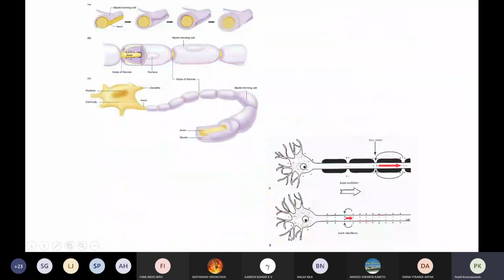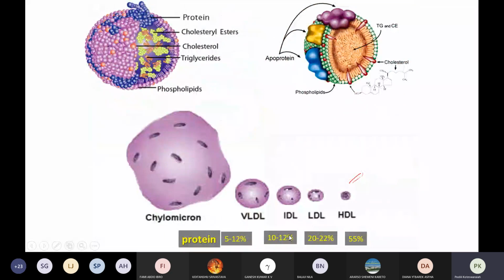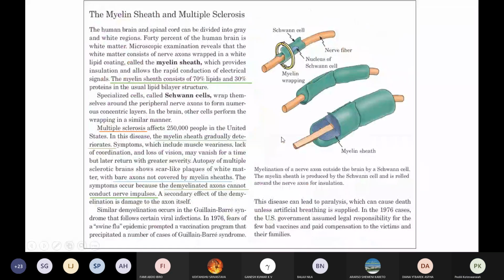body. And you can also see here, this is the myelin sheath, and this myelin sheath has 70% of lipid, only 30% of protein.